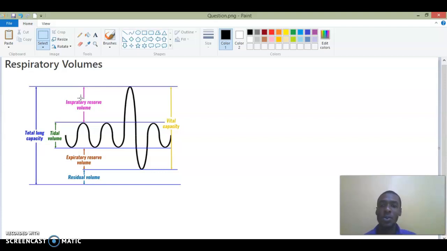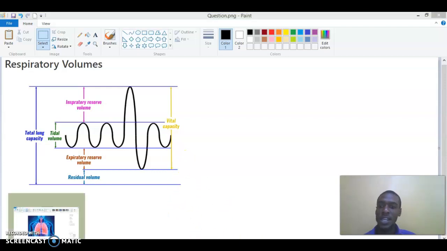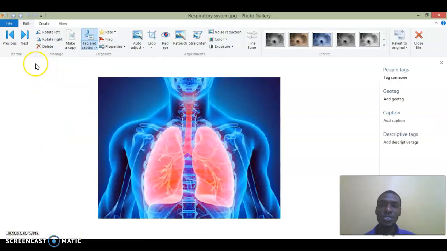So how do we measure vital capacity? There is an instrument that is used to measure vital capacity, which is called a spirometer. That is what we use to measure the vital capacity of the lungs.